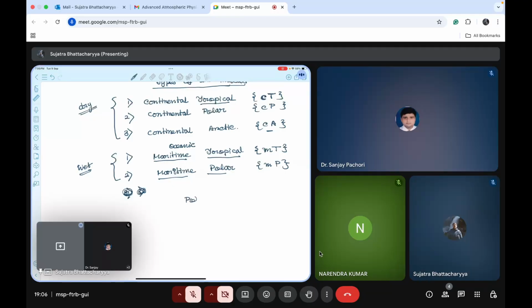Polar, of course, polar or Arctic, these are colder air masses, cold air masses in terms of temperature. And tropics is generally warmer and humid. So these are the couple of things.